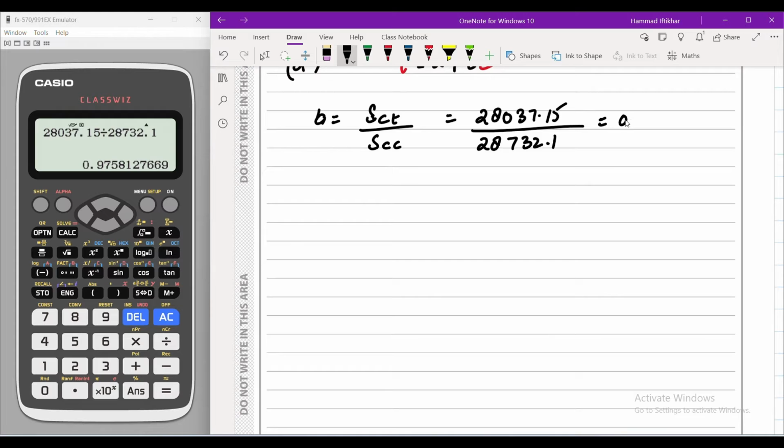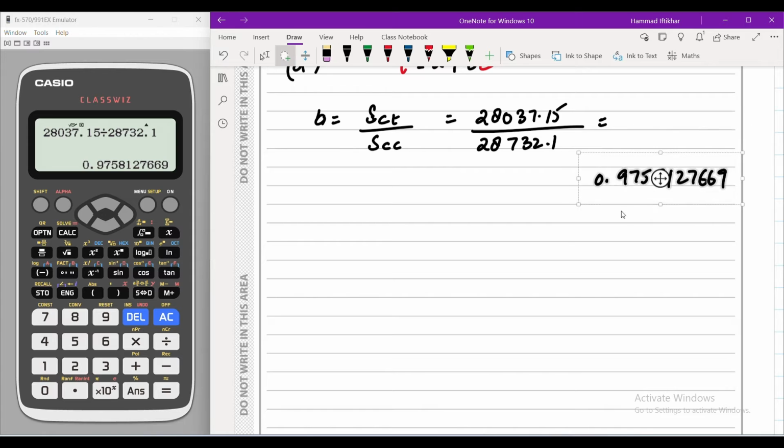We have 0.97581276669, keeping it accurate to avoid rounding errors.